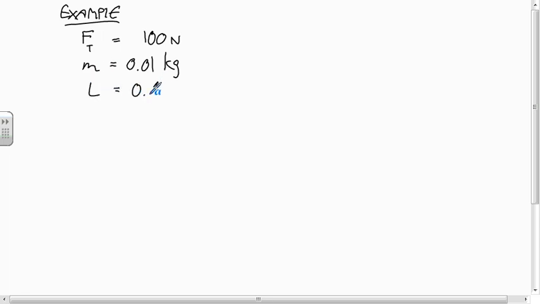And here's an example question. Given that a string has a tension of 100 newtons and a mass of 0.01 kilograms and a length of 0.6 meters, what's the fundamental frequency?